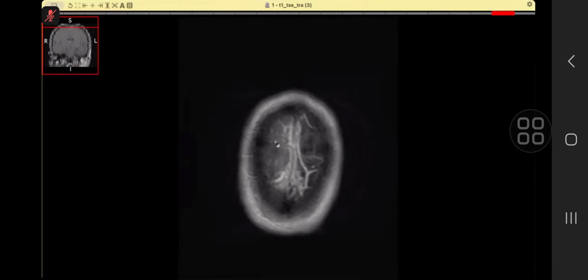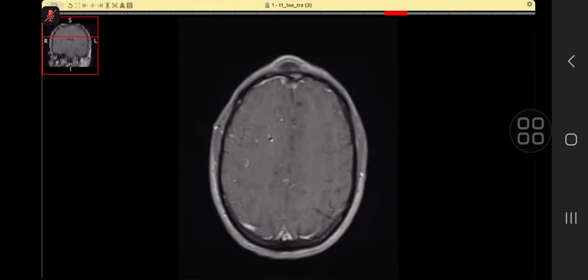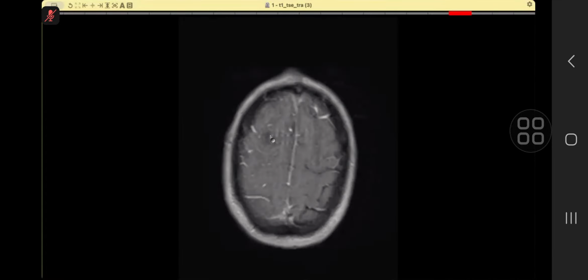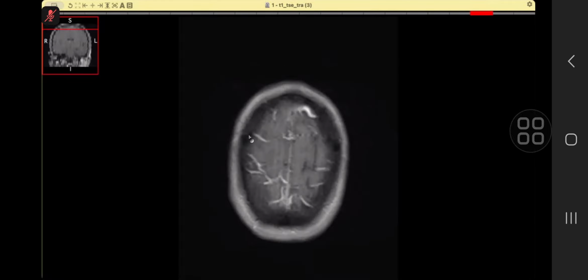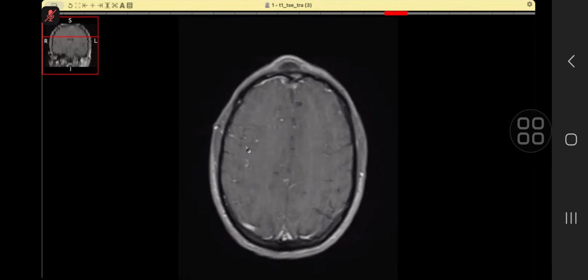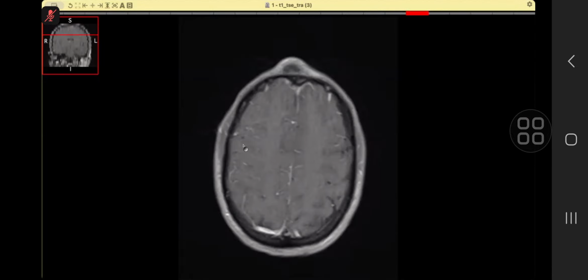One feels that there is something happening, and this is the same region where there was abnormality on the FLAIR sequence. Now, if you look carefully, look at the leptomeningeal, look here versus these, and you will agree that there is more enhancement on this side. So that is another subtle finding which is visible.